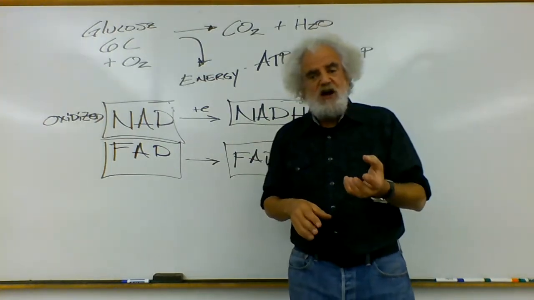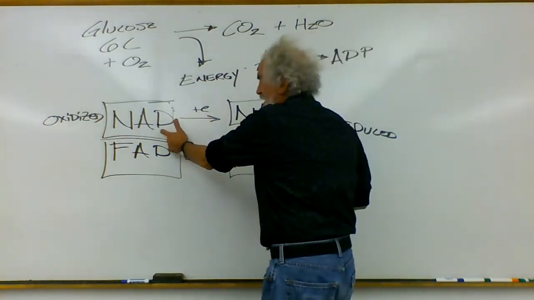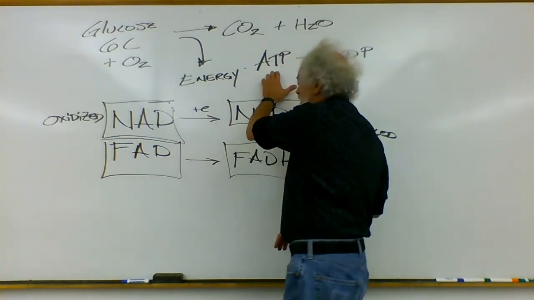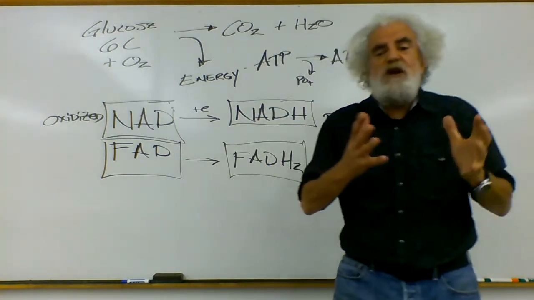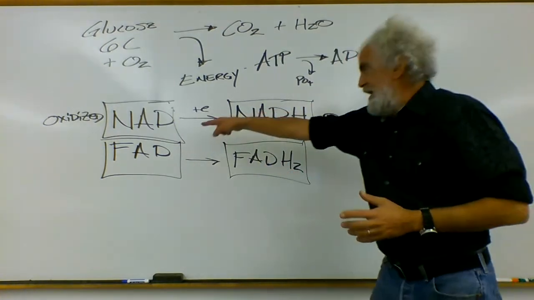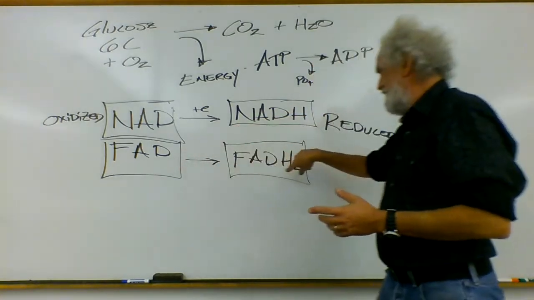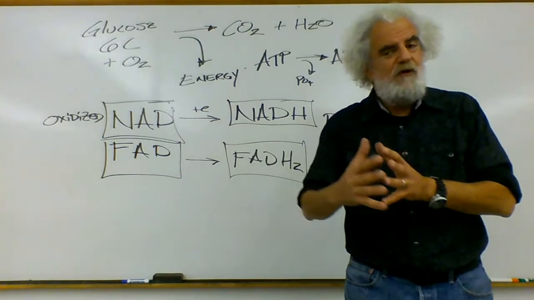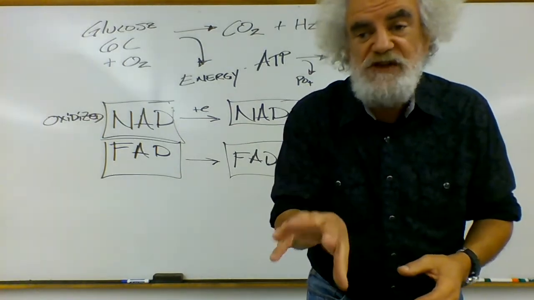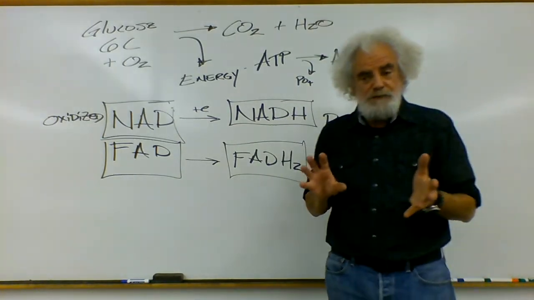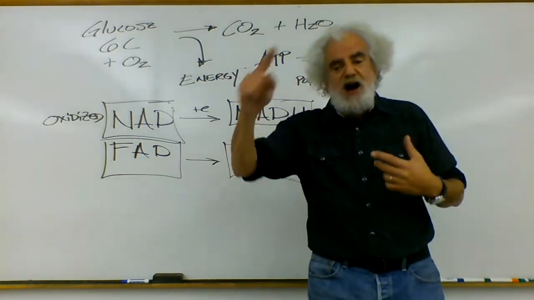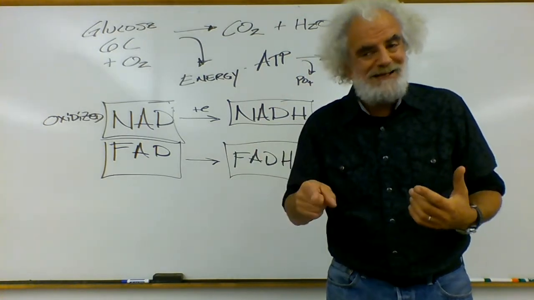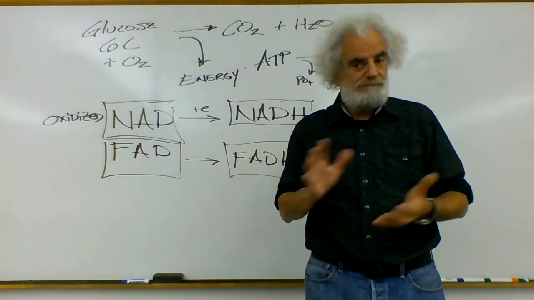So every cell has got a finite amount of NAD and FAD and a finite amount of ATP, and it's either in the form of NAD or NADH, FAD or FADH2, ATP or ADP. We're just cycling back and forth. You don't add any more of this stuff, and that becomes a critical point because you have to constantly keep recycling it in order to make this system work.